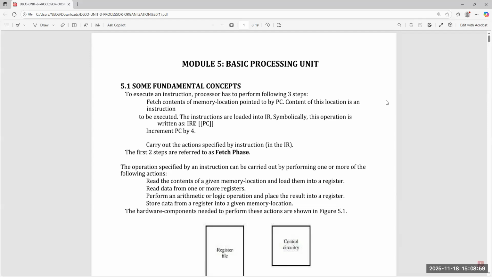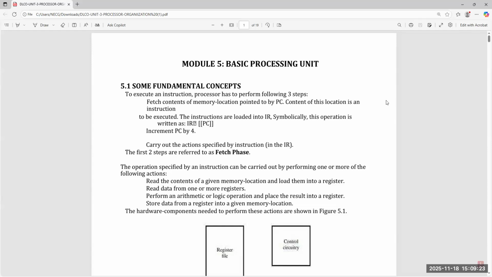Once the operation is performed, addition, subtraction, multiplication and division come under arithmetic. Coming to the logical point of view, logical AND, logical OR, logical NOT, NAND, NOR, exclusive OR, whatever it may be, any logical operation is performed.